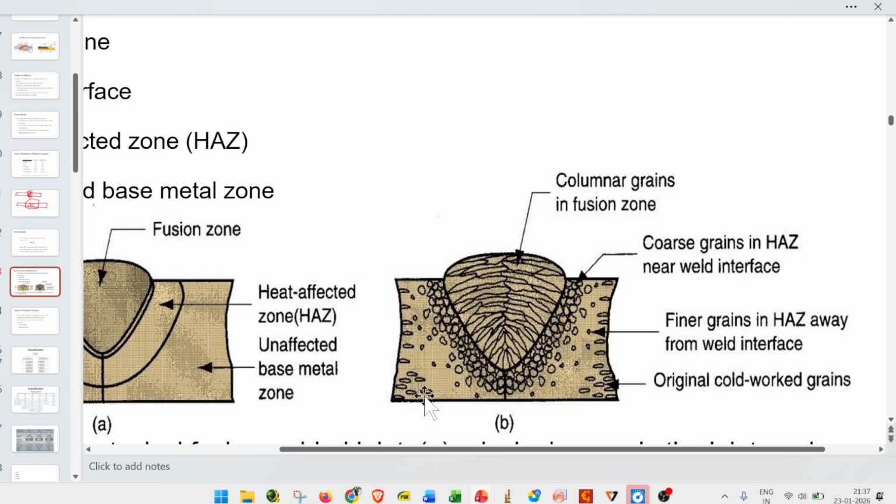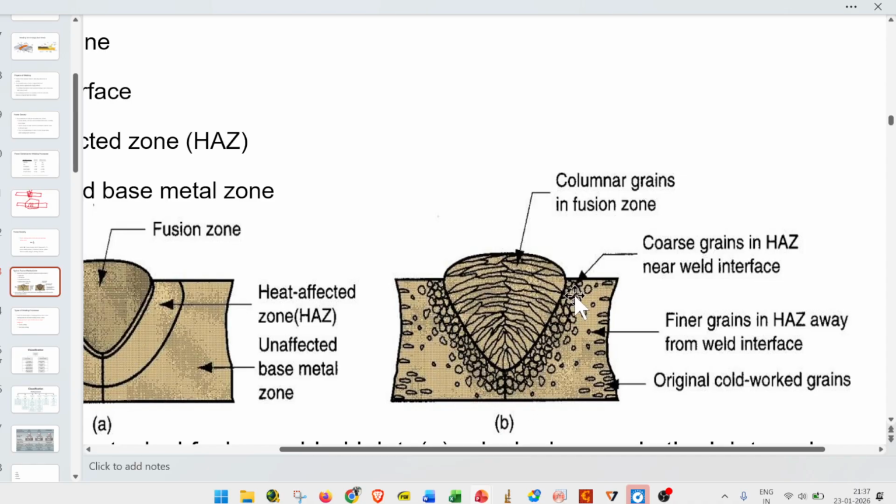But in the parent material the temperature is below the recrystallization temperature, so the microstructure will not change. In the region between the molten region and the parent material, the temperature will be above the recrystallization temperature of the metal.